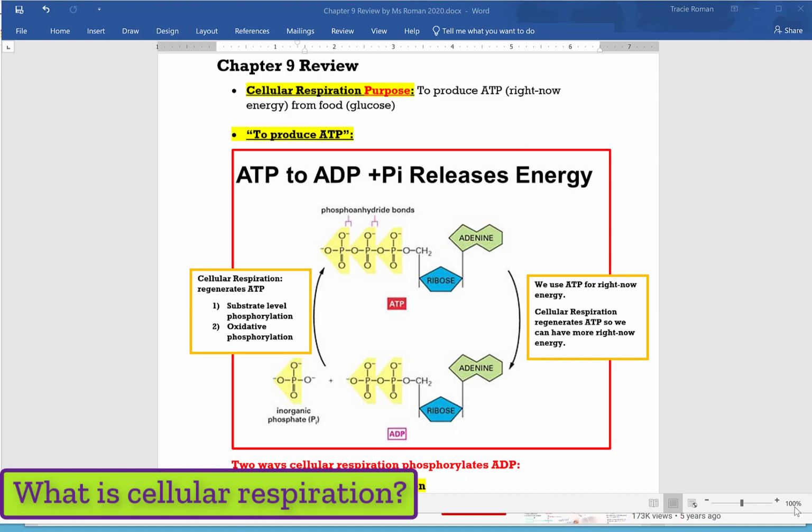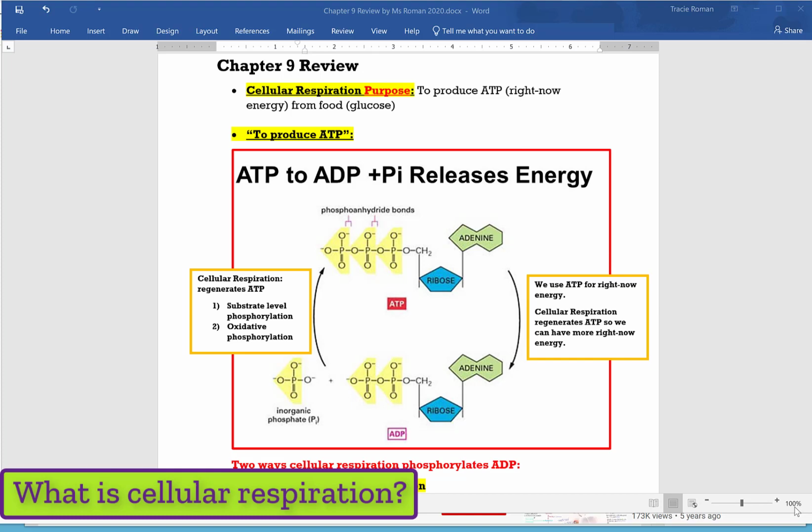And we discussed that ATP is the perfect molecule to provide energy quickly, and the ATP molecule can be regenerated to produce energy again. Cellular respiration is really just regenerating ATP from ADP.